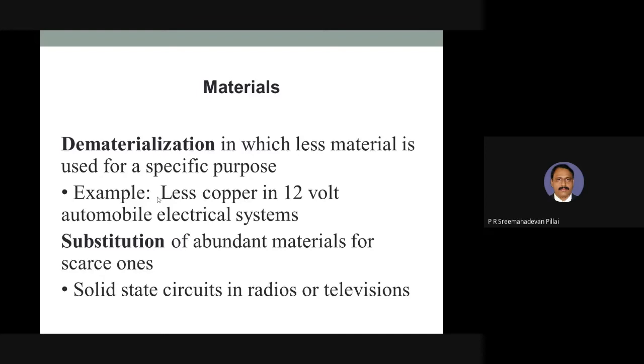Similarly, I always say that when you need less power for a vehicle, why do you go for a higher power? Most of the small vehicles, say 1,000 milliliter capacity engines will be there. Maruti used to have 800 to 1,200 milliliter capacity engines. But powerful vehicles like Benz or BMW may go for even 2 liter, 2.5 liter engines.